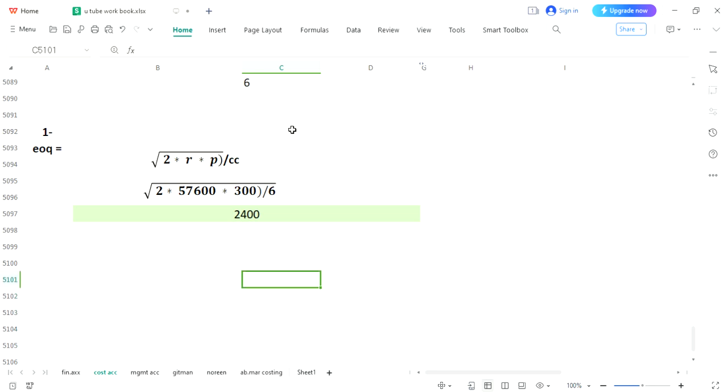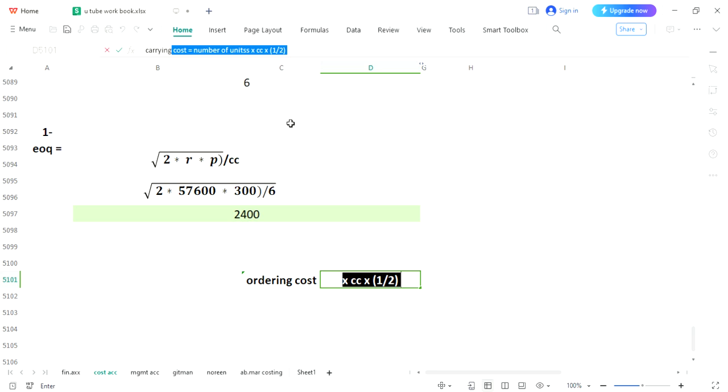We will calculate ordering cost and then you will calculate your carrying cost.